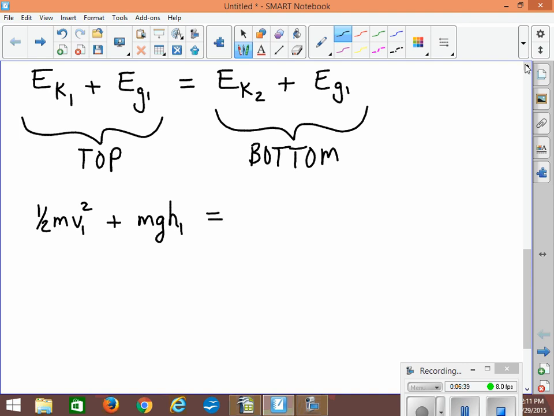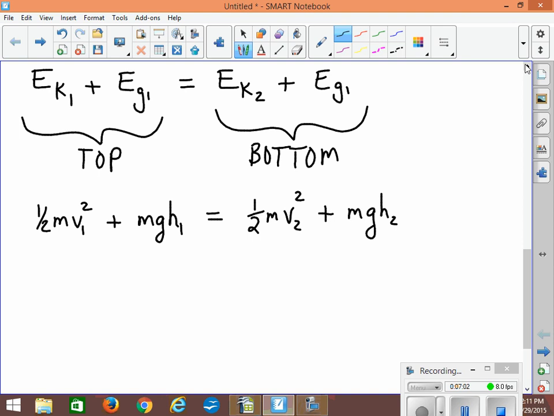Then we would go over here, and we would have the kinetic energy at position 2, 1/2 mv squared. And then we would have the gravitational energy at position 2. So you see how this is all notation. We haven't actually put in any numbers or looked at anything yet. We're just setting up the scenario.